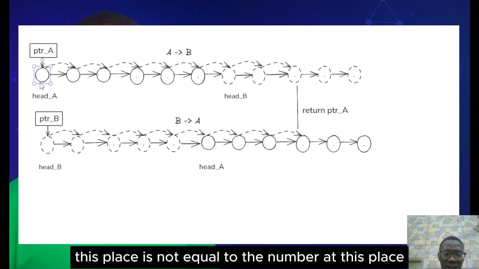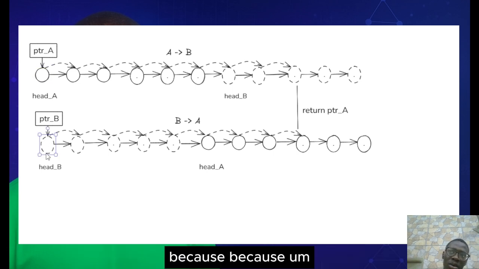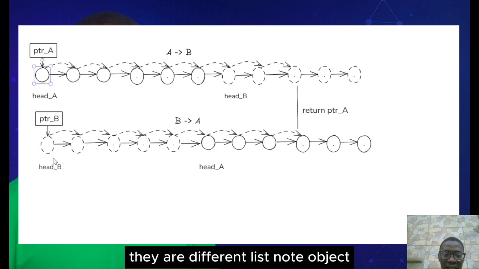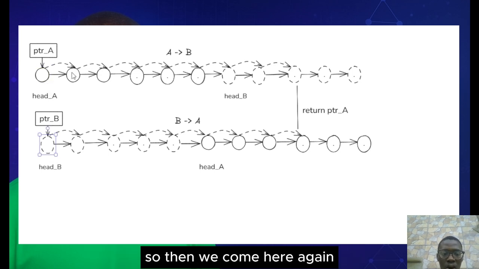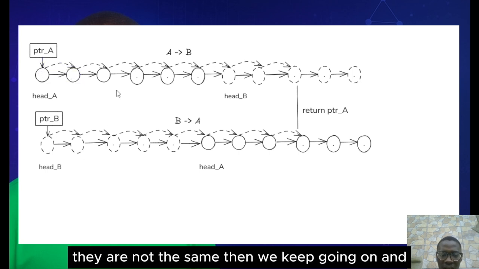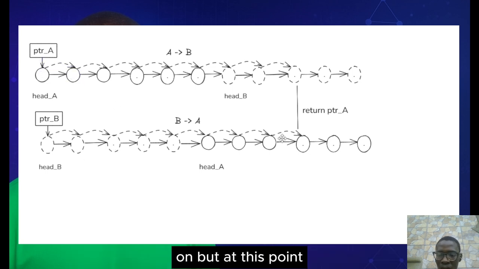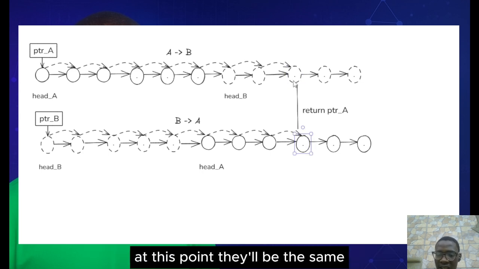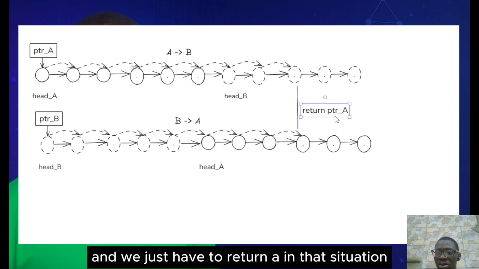The node at this place is not equal to the node at this place because they are not shared. They are different list node objects. Then we come here again and compare the nodes at these 2 points. They are not the same. We keep going, but at this point, because they share the same tail node and have the same length, they will be the same, and we just have to return A in that situation.